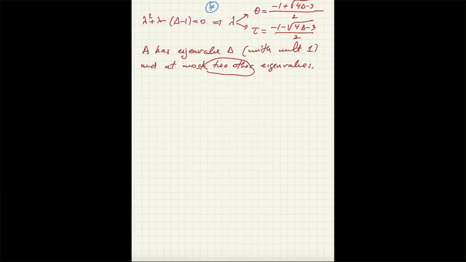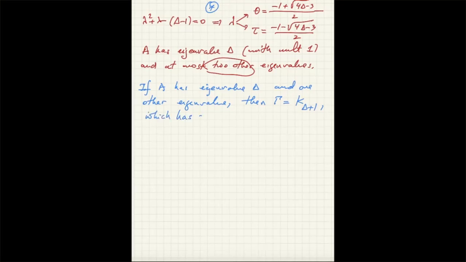And the way we do that is that if A has eigenvalue delta and just 1 other eigenvalue, then I claim that the graph gamma has to be the complete graph K delta plus 1, but this one has diameter 1, a contradiction with our assumption that the diameter is 2.